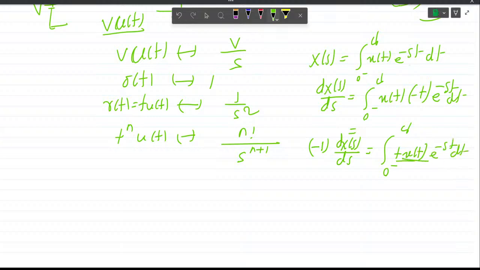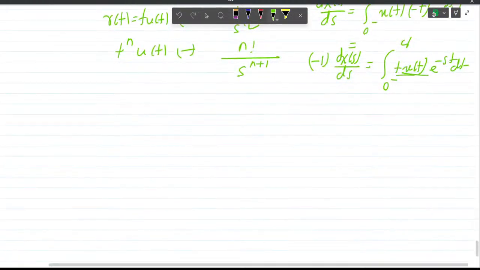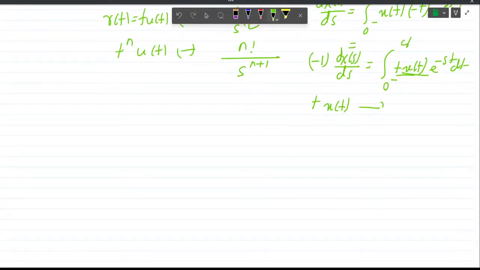Now you can see that here, t x(t) has the Laplace transform of minus dX(s)/ds. Now use these relations again and again.